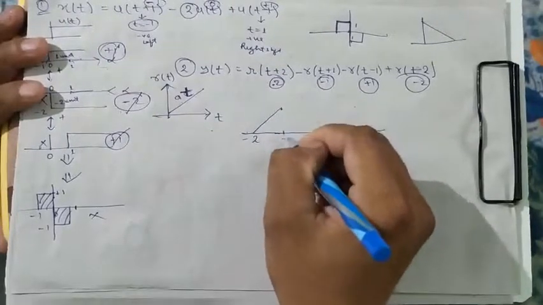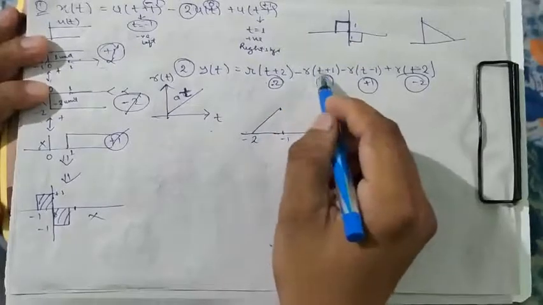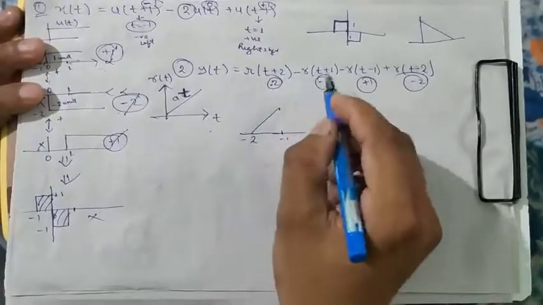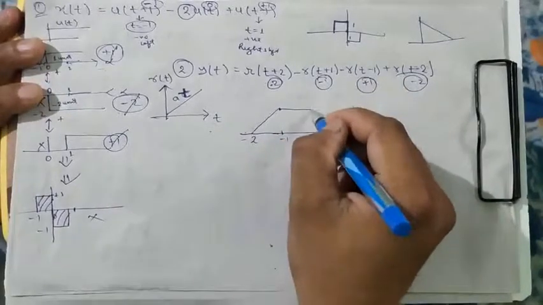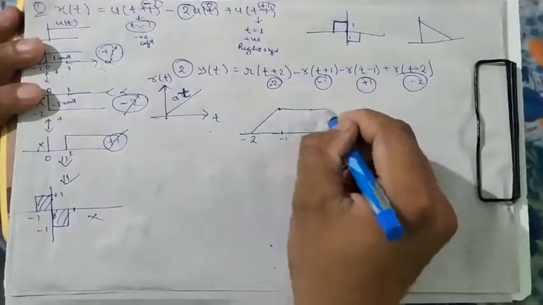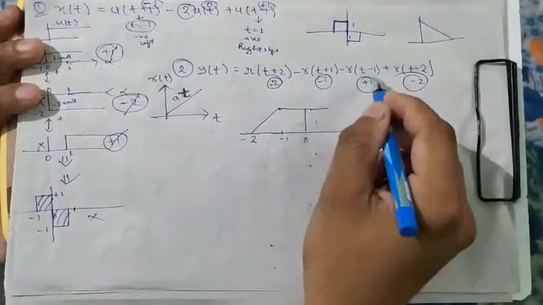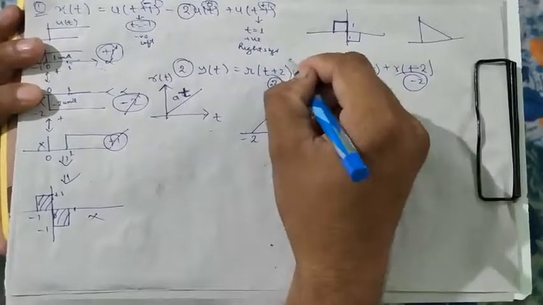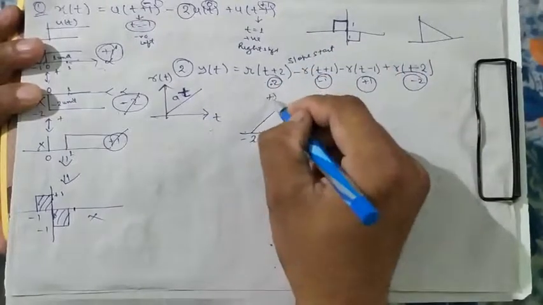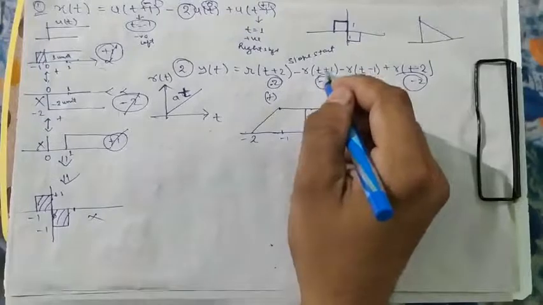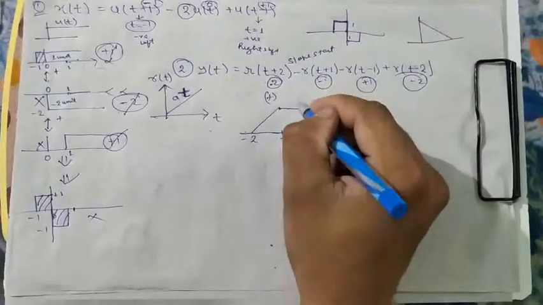from -1 ramp function is there, again addition of 1 positive ramp, 1 negative ramp will be equal, so the slope will be of course 0 till 1. So slope starts from here, and here positive slope 1, here again addition of 1 negative, so positive and negative cancel out, so the slope becomes 0.